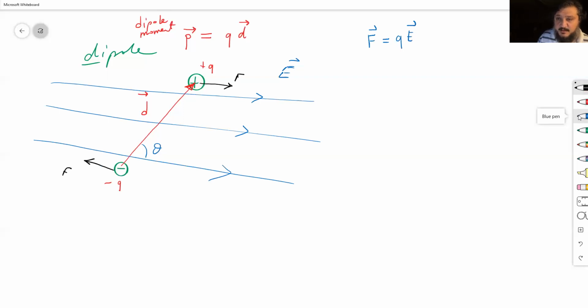So what do you think is going to happen if you have forces pointing in opposite directions on the edges? You'll expect this to rotate, right? There's a torque now. It's as if the midpoint here becomes the pivot point. Remember the definition of torque. You consider the line of action and find the shortest distance between that line of action and your pivot point.